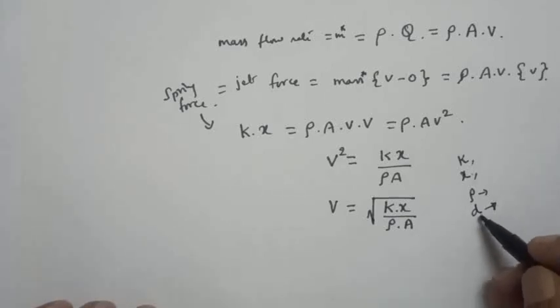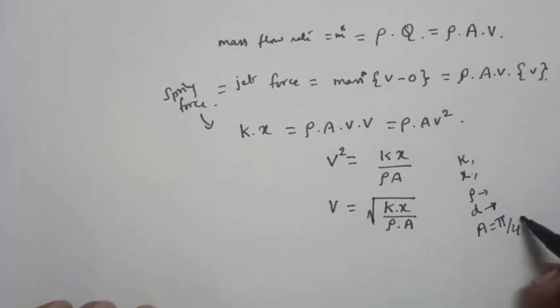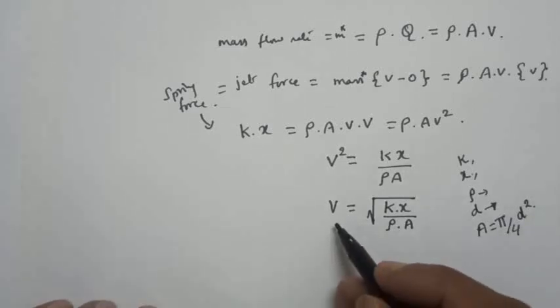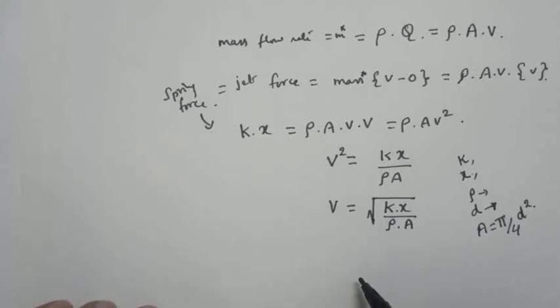So we have to find the area using this equation, pi by 4 d square. And then the velocity of the jet has to be found.